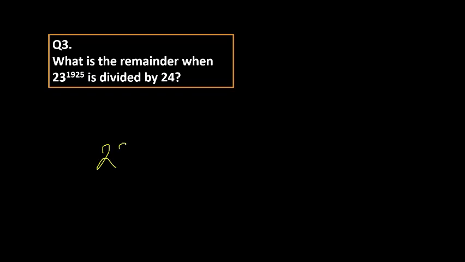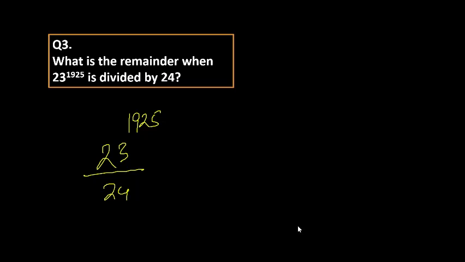Try this. 23 raised to the power 1925 divided by 24. Is it plus 1 or minus 1? I think it is minus 1. And if it is minus 1, you have to add the divisor to convert this into positive. 23 is the correct one.